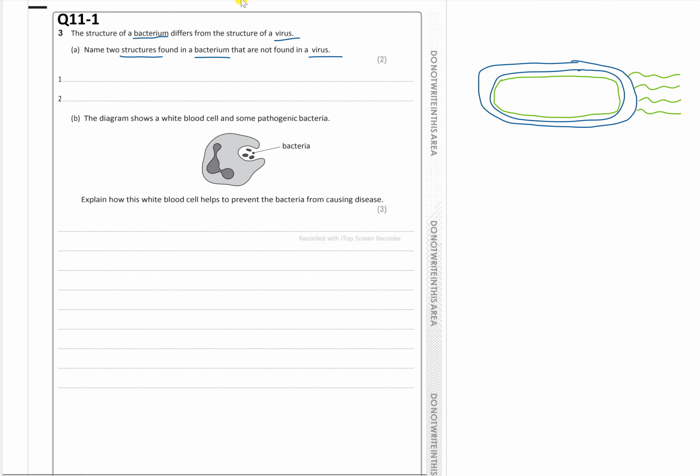You do not have a nucleus, but you have DNA as a plasmid, and you've got a nucleoid, so just like a loop. You've got cytoplasm inside. So let's write this down.